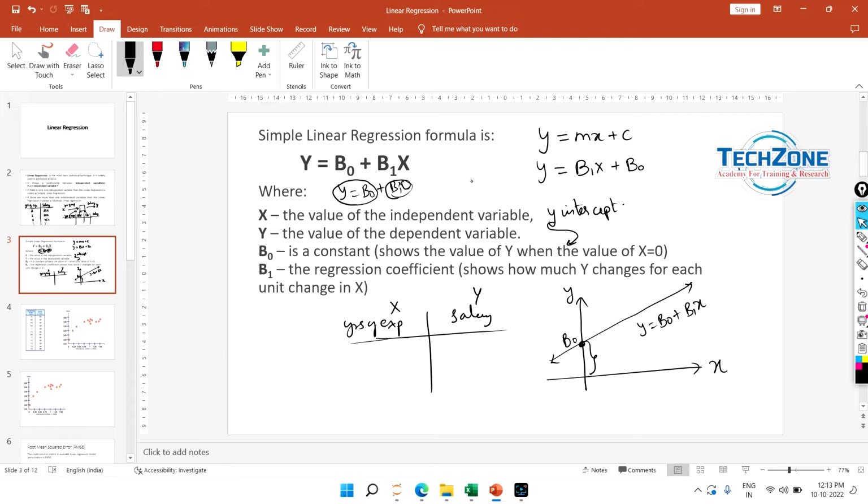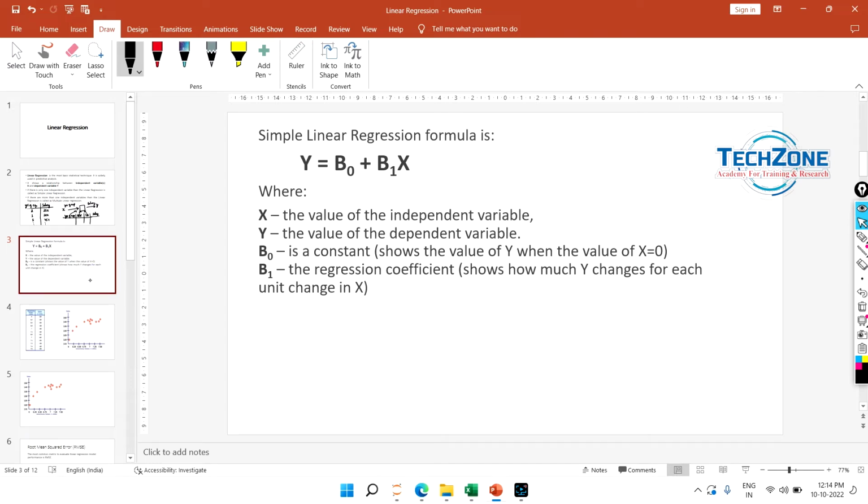Now what is b1? Let me clear the screen. See, it is the regression coefficient.